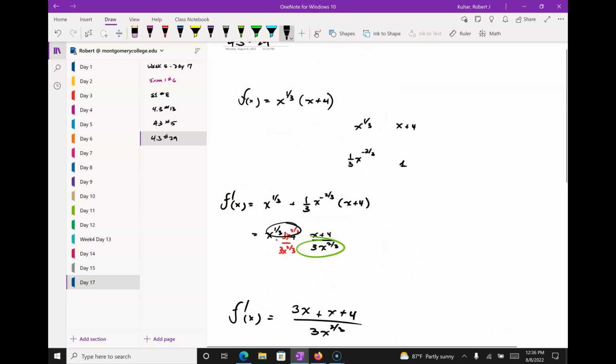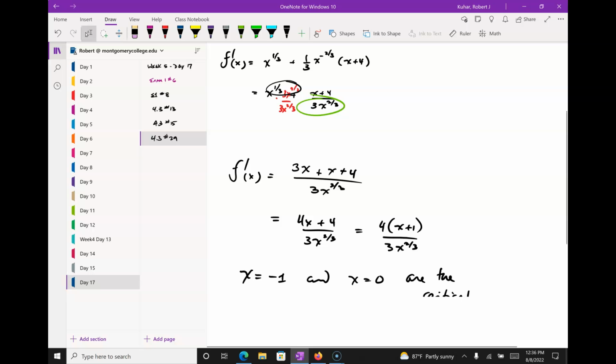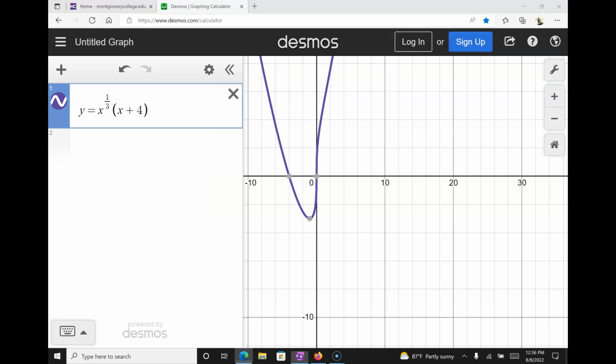0 is in the domain, but what's happening at 0 on the graph? What do you see happening at 0? Yeah, it's vertical. I got a vertical tangent at 0.